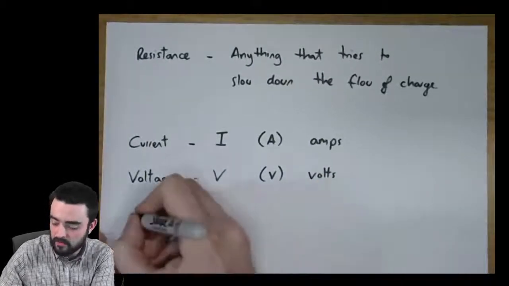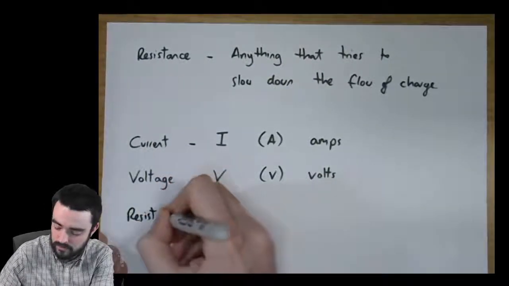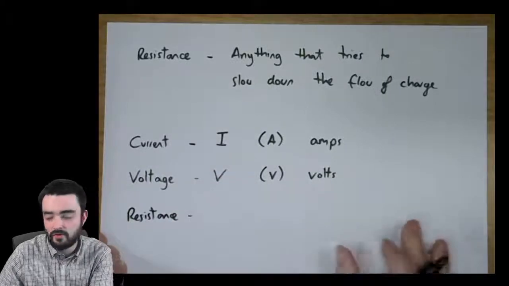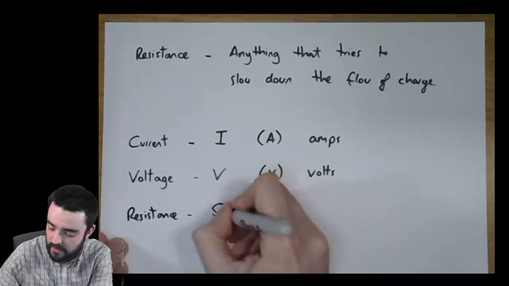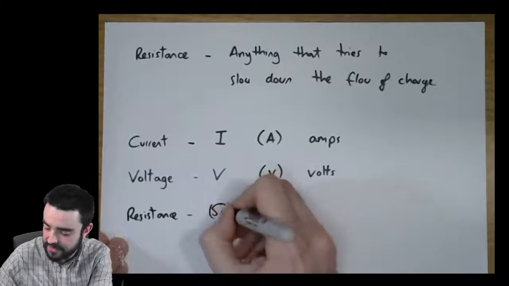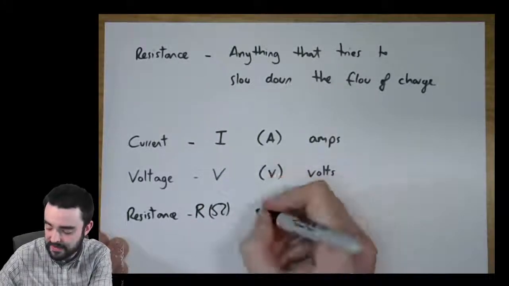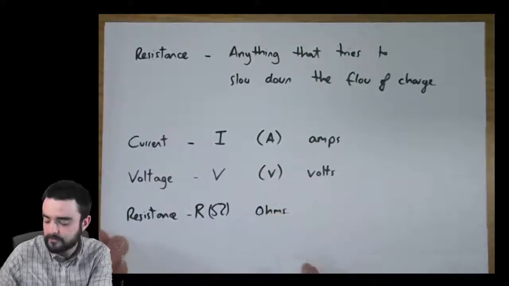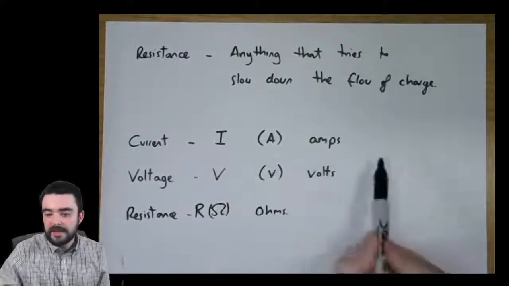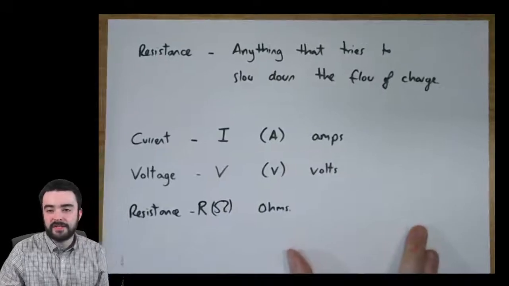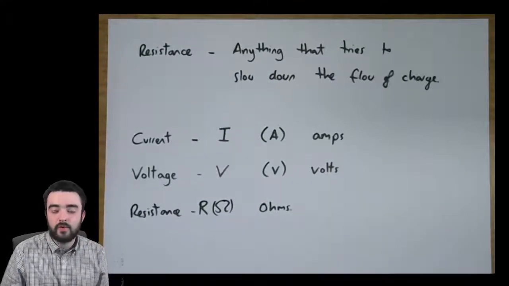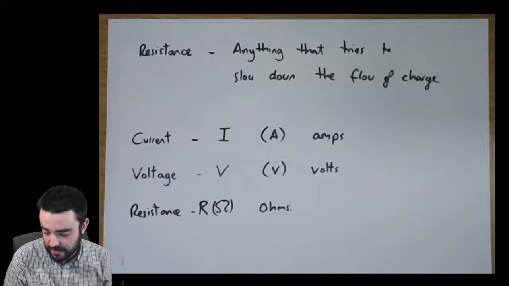And we have our resistance. This one has the symbol of R, and the Greek letter omega for its units. And this is measured in ohms. Okay. So these are the three main quantities that we have to think about when we're talking about electrical circuits.